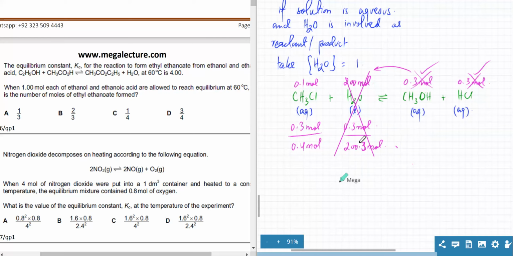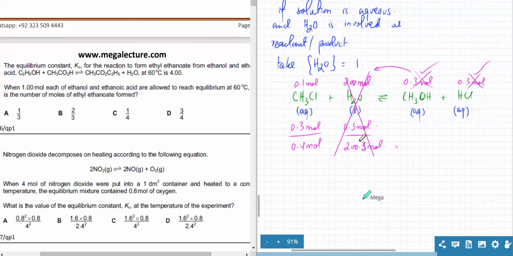Since it's products over reactants, anything divided by 200 would be very small. If you have 0.3 moles, you divide by 200, you get a very small value. The problem with adding this is that the Kc value would hardly change, because it is such a large number.